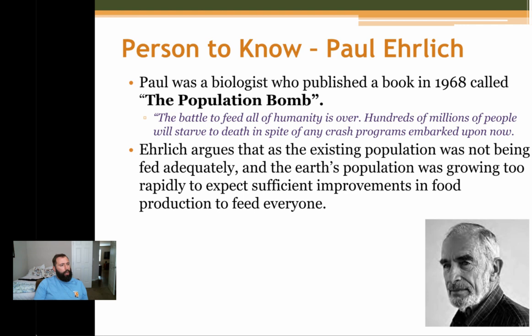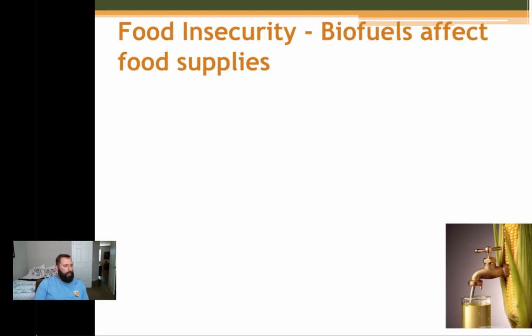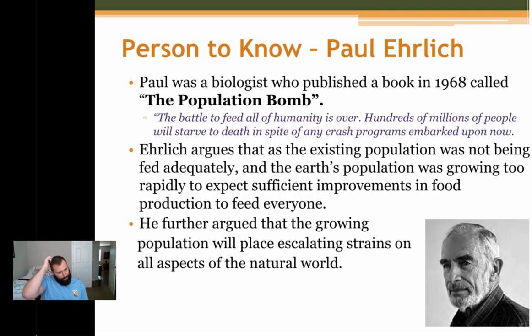So Ehrlich argues that as the existing population was not being fed adequately, the Earth's population was growing too rapidly to expect sufficient improvements in food production to feed everyone. He further argued that the growing population will place escalating strains on all aspects of the natural world. So make sure you know Paul Ehrlich.